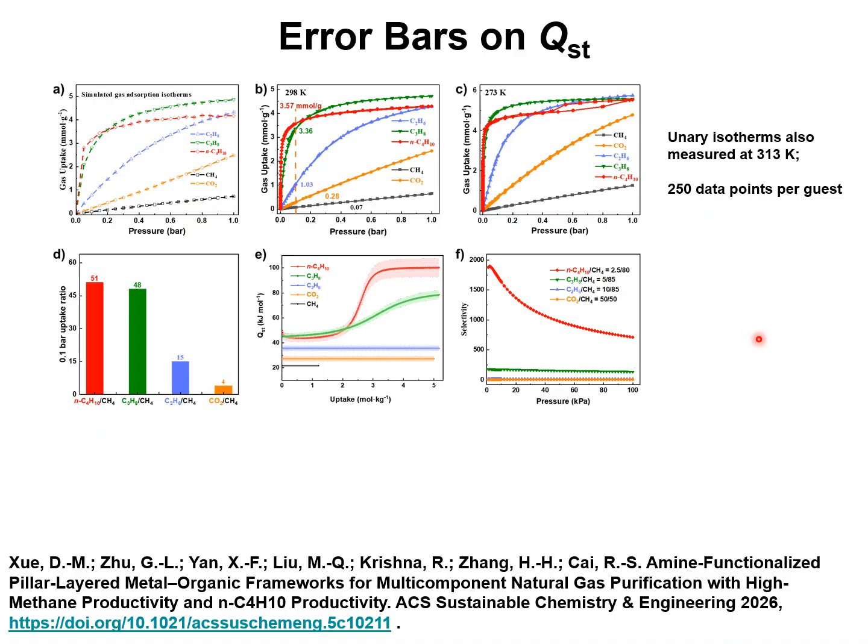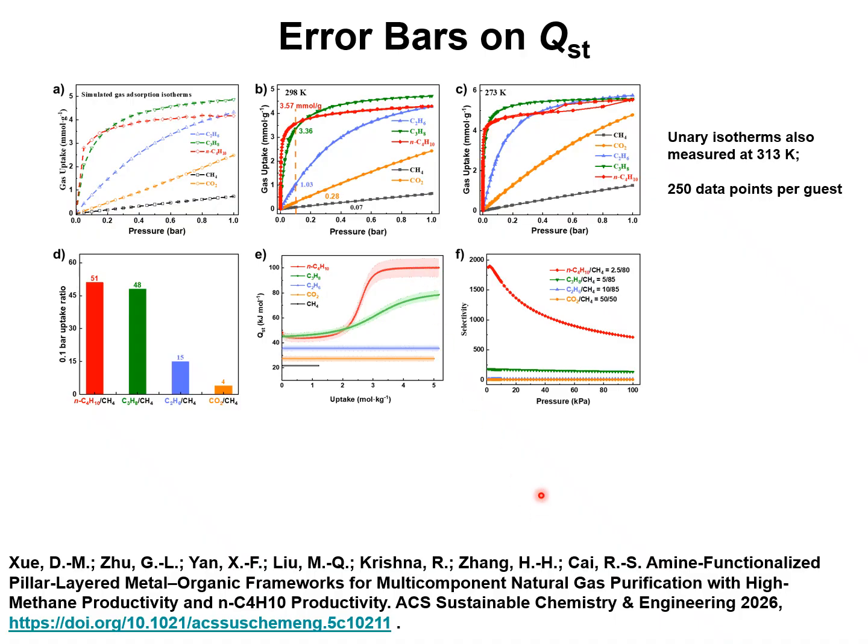What is interesting about this paper is that the isosteric heats of adsorption of butane, propane, ethane, carbon dioxide, and methane have been reported with inclusion of error bars in QST calculations.